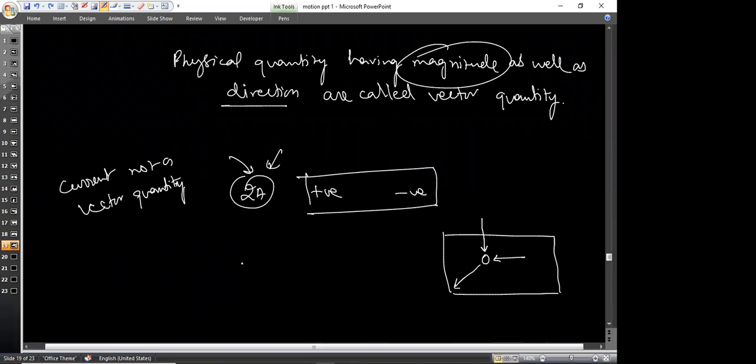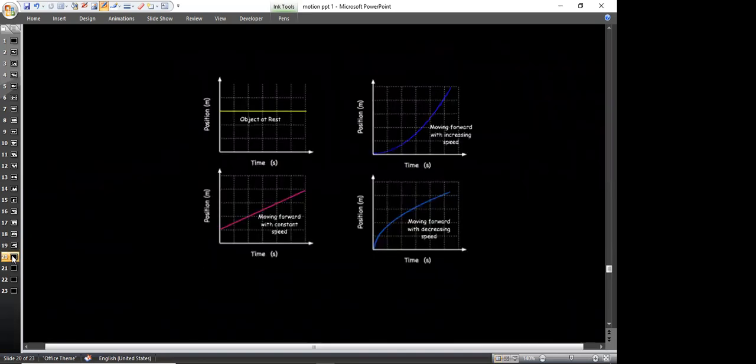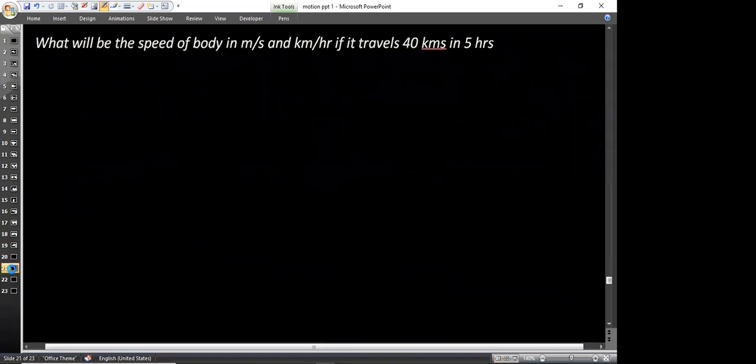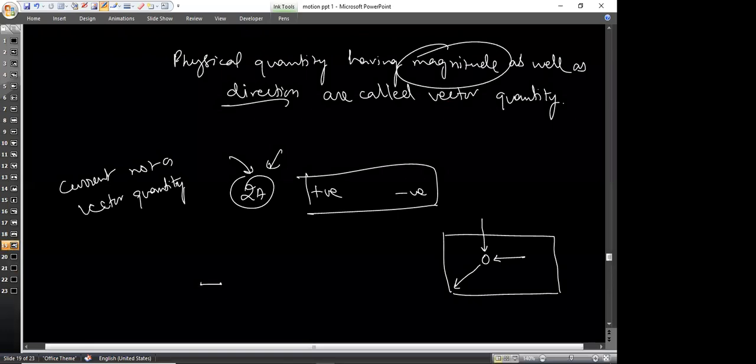Okay, so the physical quantities are those physical. So let me take one more example. If a car moves, let me draw a car.